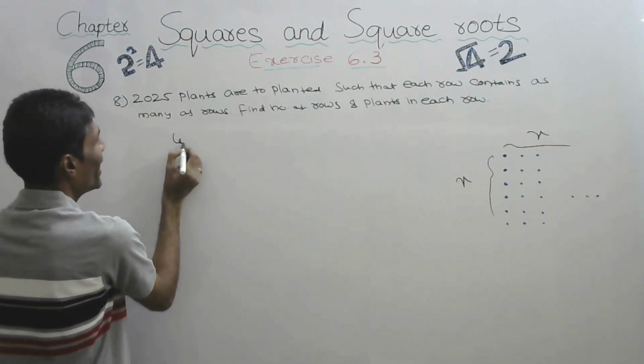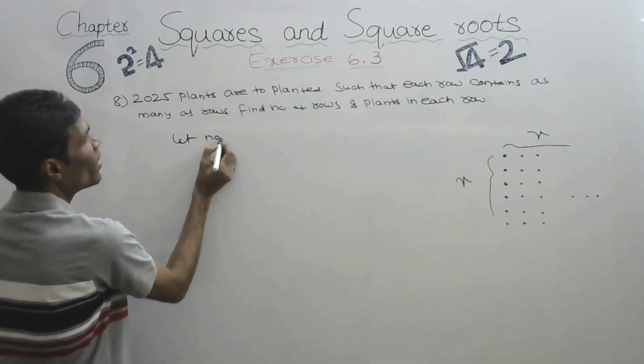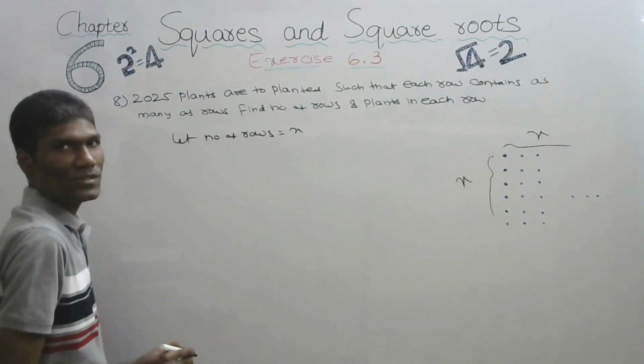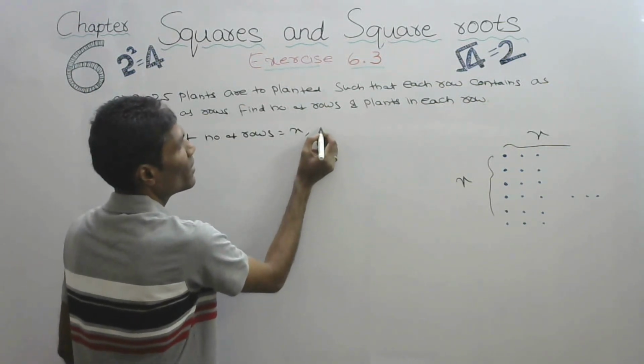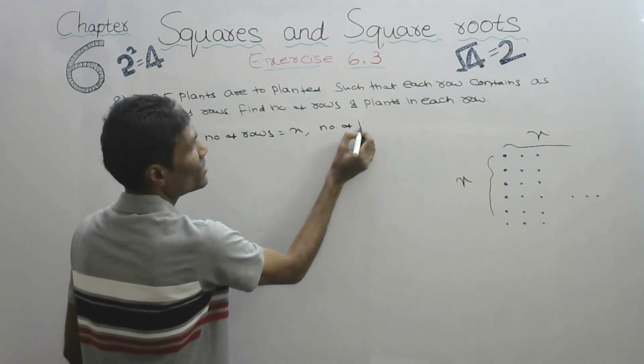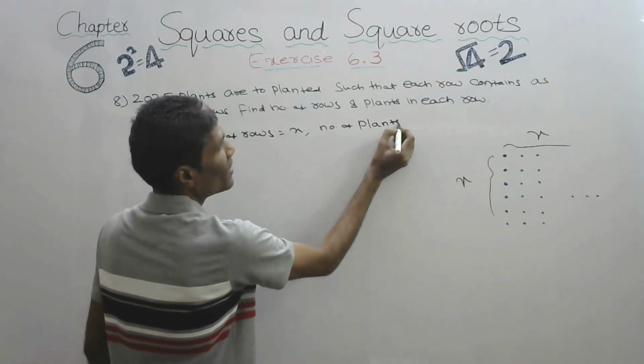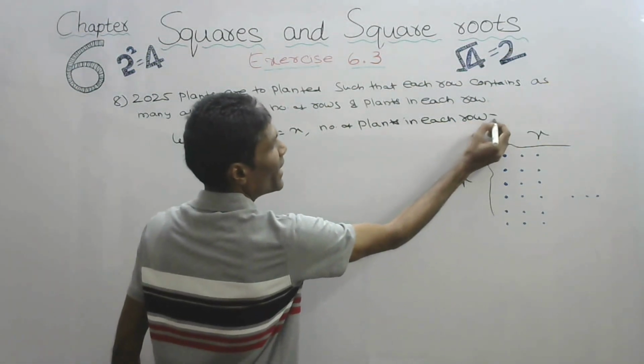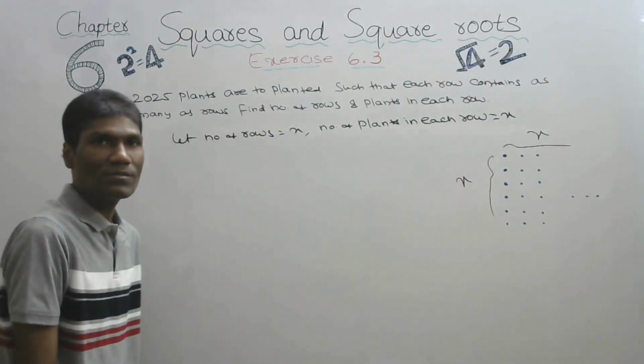So let the number of rows equal x. So the number of plants in each row will be again x, because both are same.